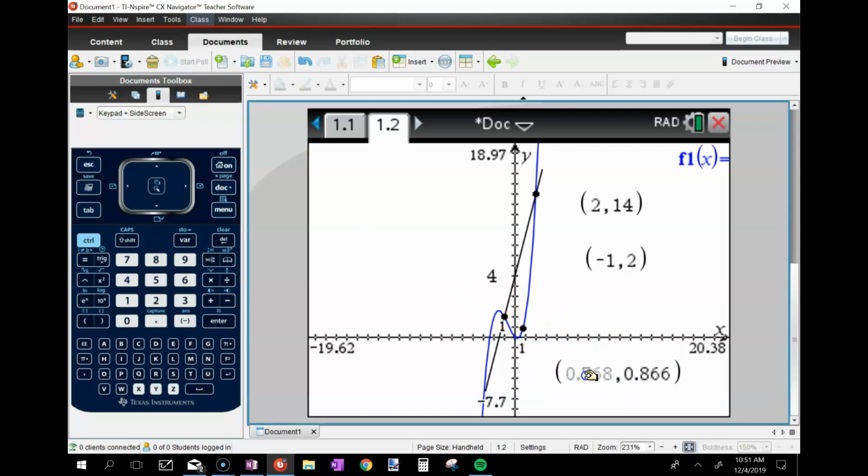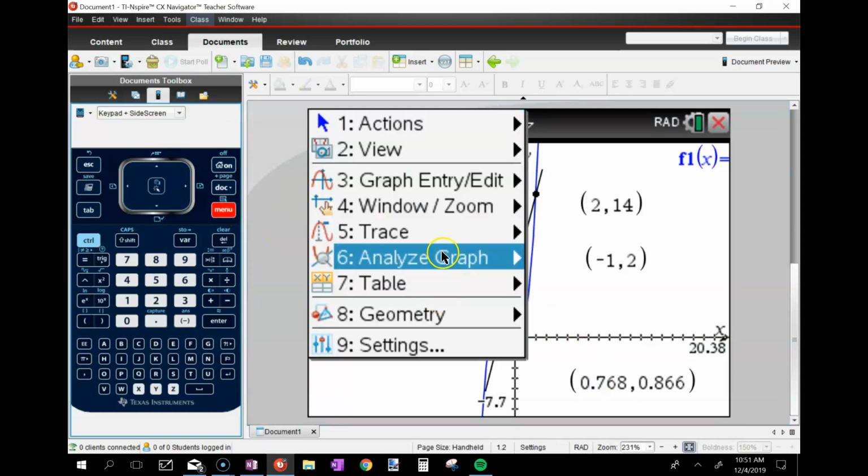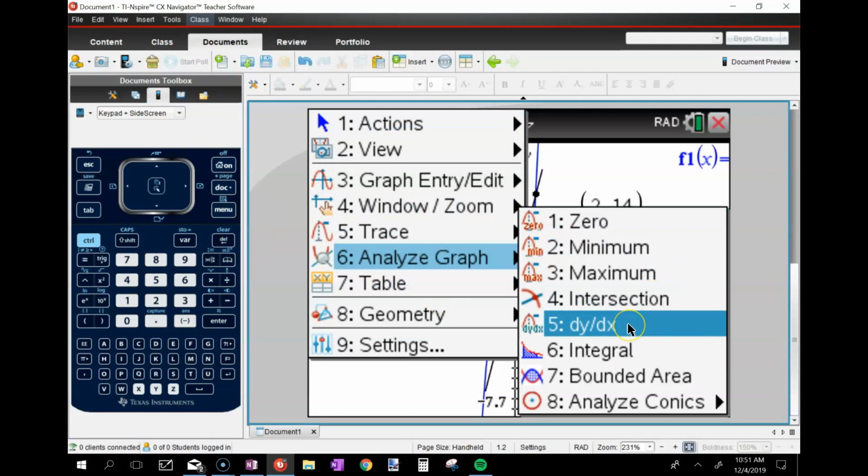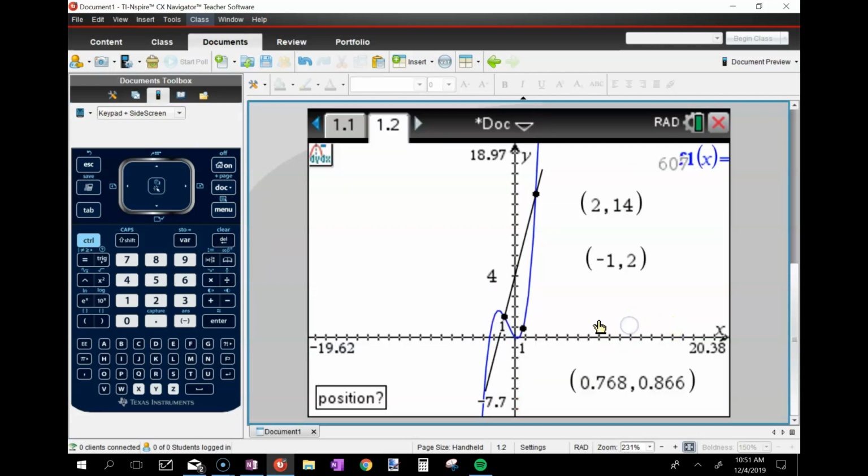And remember that we have the ability to ask the calculator for the value of a tangent at a point by simply going to analyze calculus dy dx. So I want to know what is the slope at this point, and it's a little bit off because I put in the wrong number. What should it be? It should be 4.